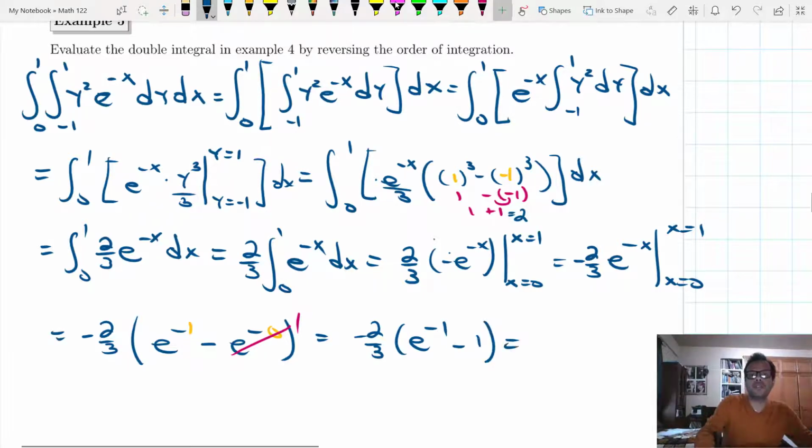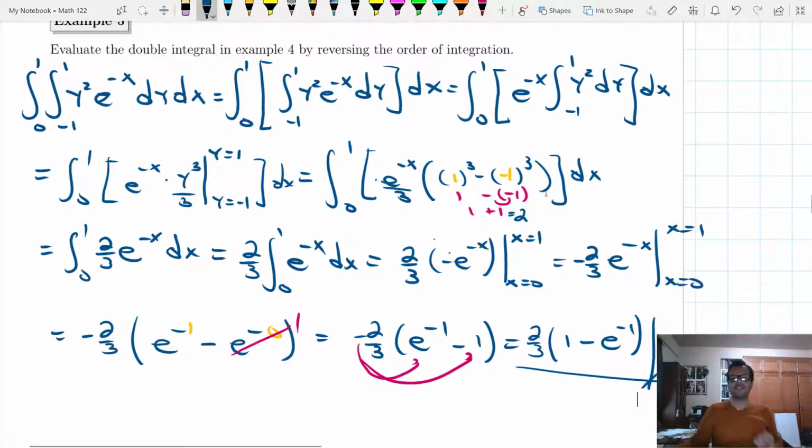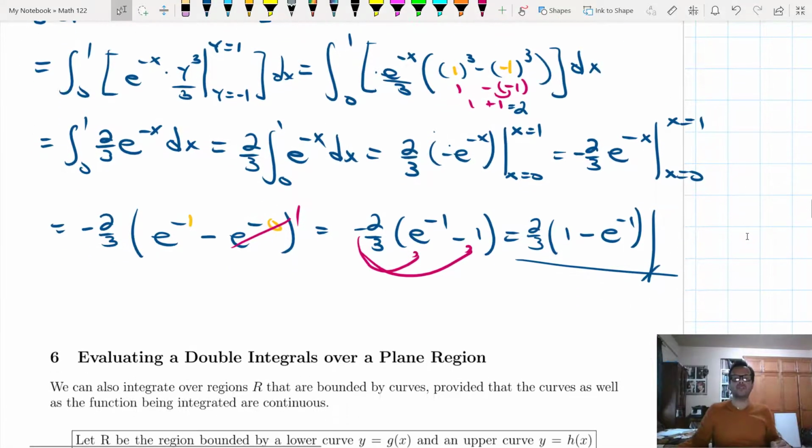Or if that negative sign bothers you, distribute it, and this is 2/3 times 1 minus e to the negative 1. And not surprisingly, we get the exact same result as what we did earlier.